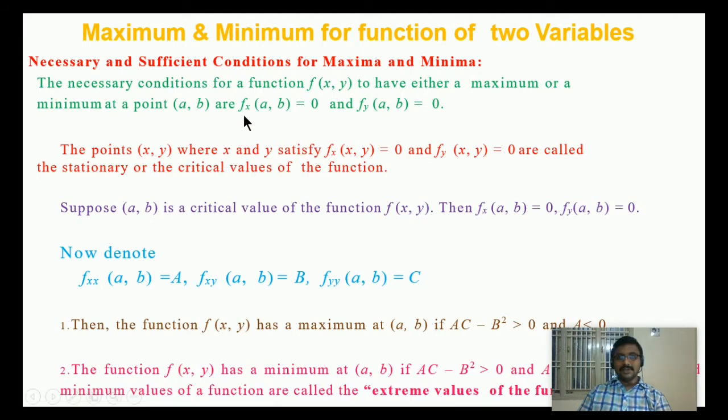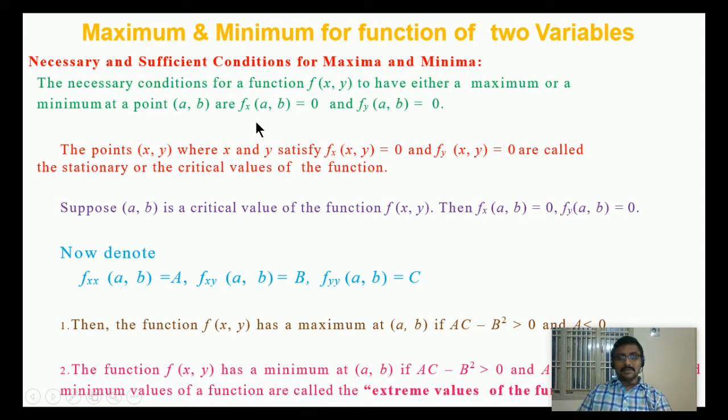Necessary and sufficient conditions for the maxima and minima. The necessary conditions for a function f of x, y to have either maxima or minima at a point (a, b) are fx at (a, b) equal to 0 and fy at (a, b) equal to 0. Fx means the partial derivative of f with respect to x.